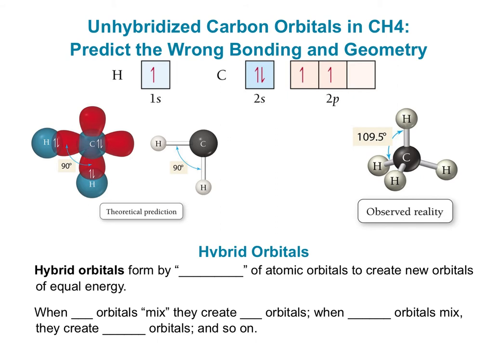But where does this kind of not work? So we need to actually review a little bit. Remember that s orbitals look like little circles. With hydrogen we just have one, and it has a single electron in it. With carbon, if we draw its valence shell orbital diagrams, we'll see that it's 2s2, 2p2.